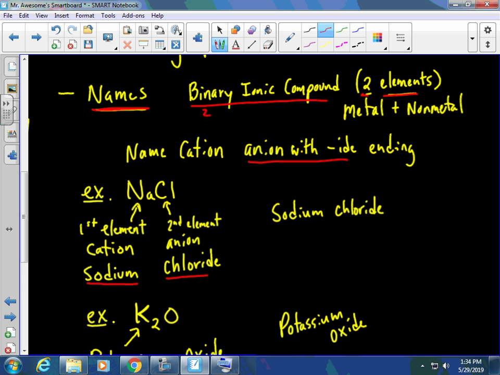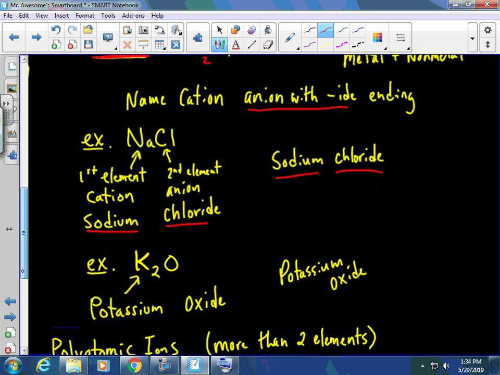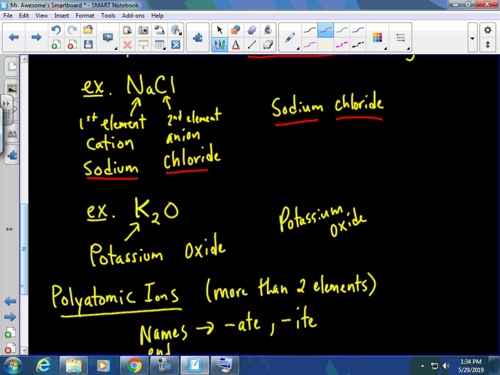So this compound is actually named sodium chloride. So NaCl, sodium chloride, table salt.